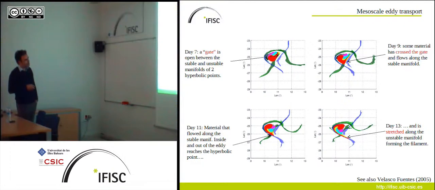The original set of particles that remains rotating inside the eddy, and the set of particles that left the eddy along this path, and they form the part of the filament that is flowing outside of the eddy. So actually, the particles do not cross the stable manifold. They leave the eddy and then they flow along the unstable manifold like those inside the eddy.